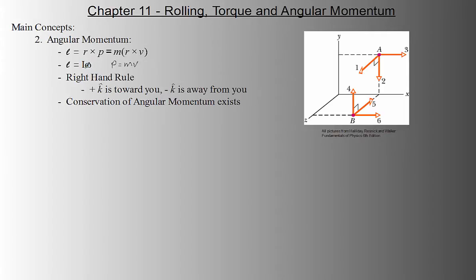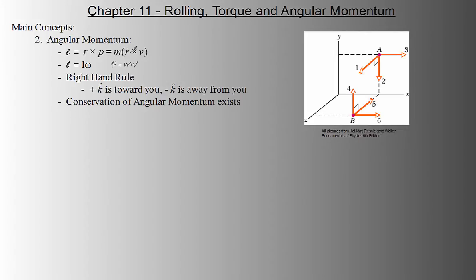But we can also express angular momentum as a cross product, and strangely enough, the angular momentum points perpendicular to both the radius and the linear momentum, or in other words, the velocity. In this cross product, we can take p, which is mv, and split it up so that we pull m outside, because m is just a constant, and it's the velocity really that's acting perpendicular to the radius to give angular momentum.